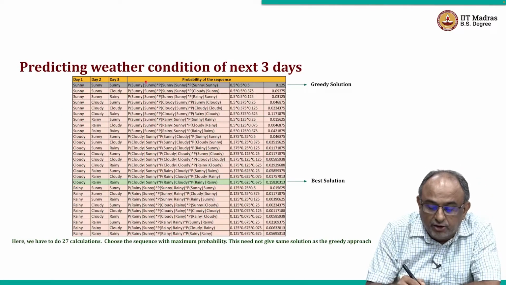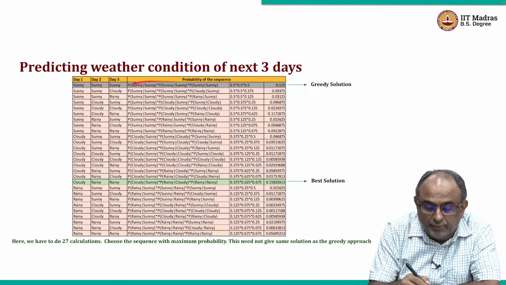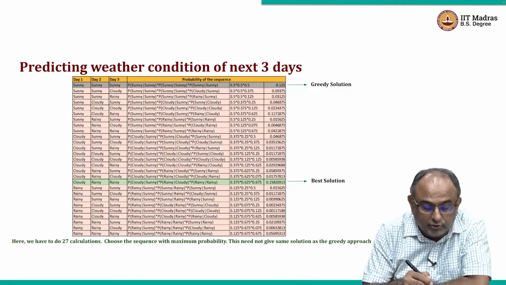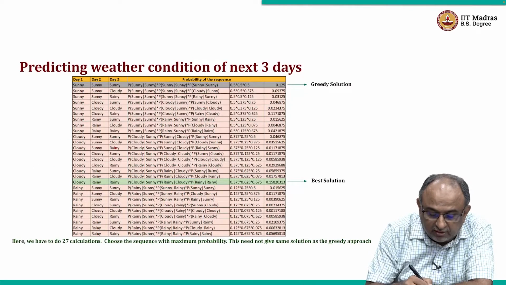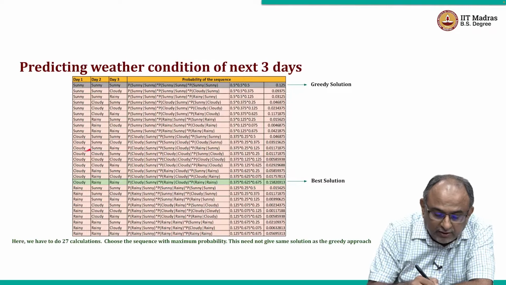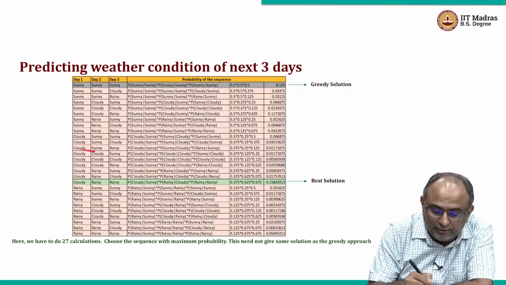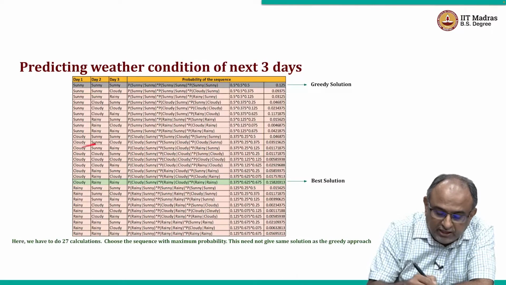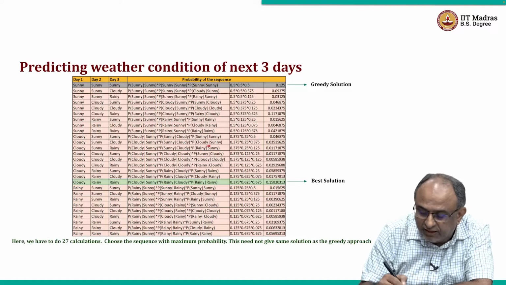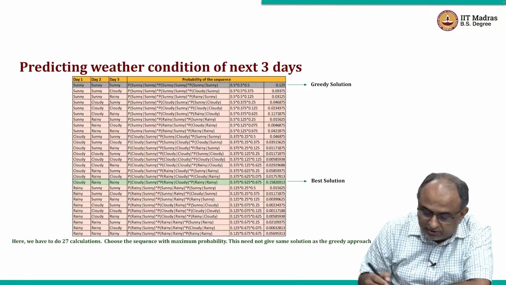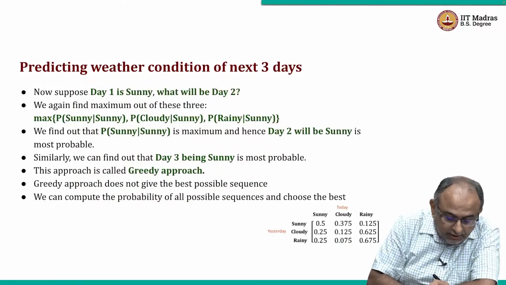So if you compute, it will be probability of sunny given sunny, and so on. If you look at this one, it starts from sunny going to cloudy, then sunny, rainy. So probability of cloudy given sunny, probability of sunny given cloudy, probability of rainy given sunny, and we compute using the transition matrices here.